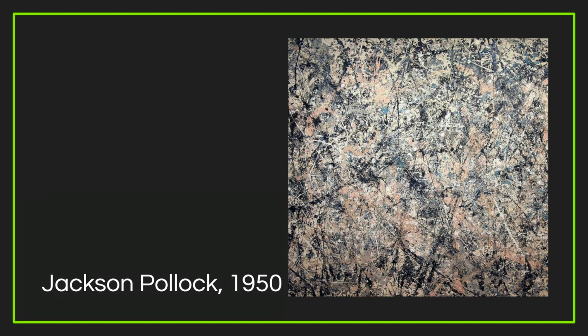The third one I have for you is a work by Jackson Pollock, and this was created in 1950. And Jackson Pollock did a style of painting called action painting, okay? And it looks to you like splatter painting, but he did not have this canvas up on the wall and just fling his paint at it from his brush, okay?